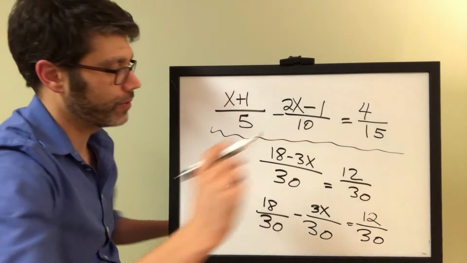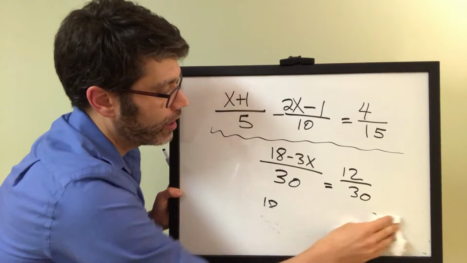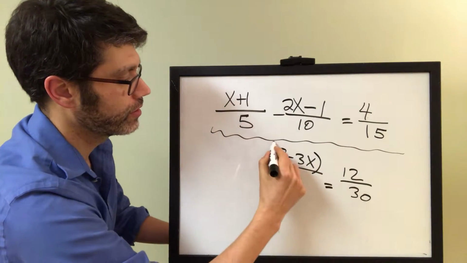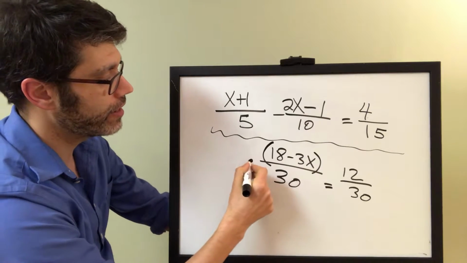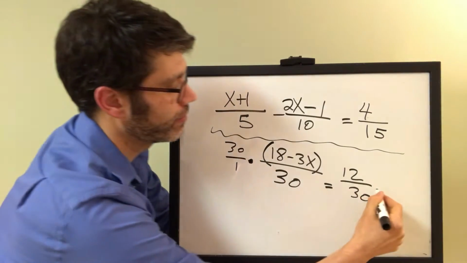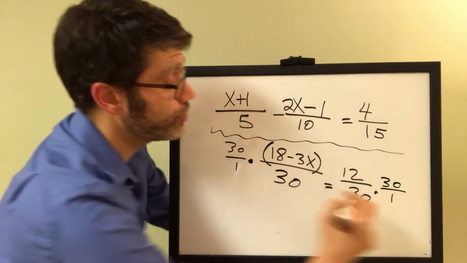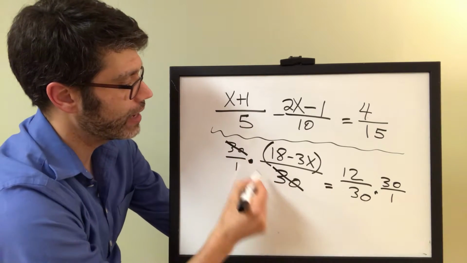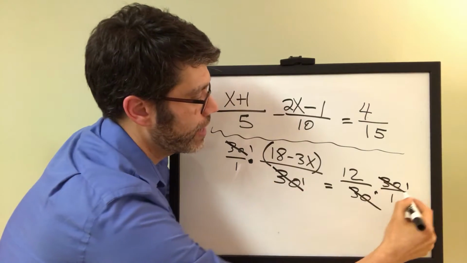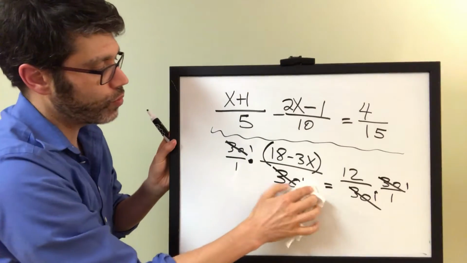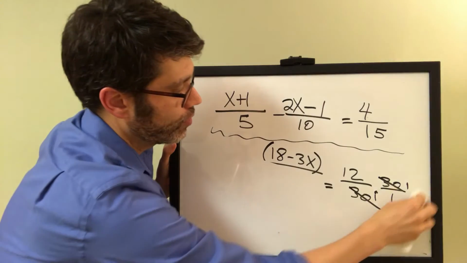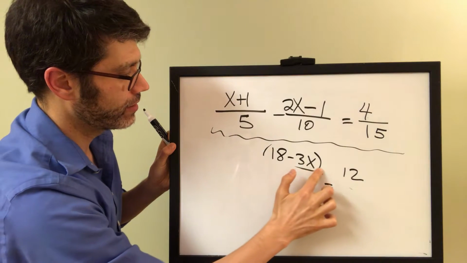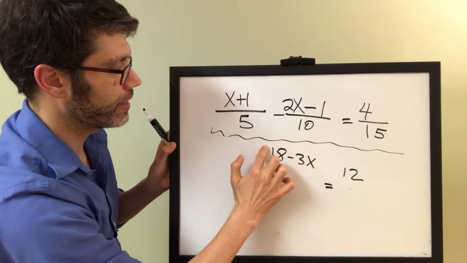Now, to get rid of our denominators, just to be safe, let's put this in parentheses and multiply both sides by 30 over 1. What we do to one side, we have to do to the other to keep it balanced. If I multiply both sides by 30 over 1, the 30s cancel out and I just get 1s, so we don't need that anymore. So what we have is 18 minus 3x equals 12.